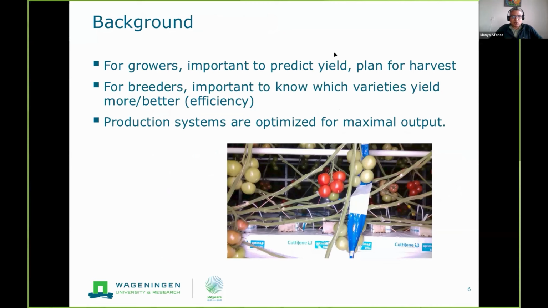Why would we want to do this? For a grower, it's important to predict the yield that they would have, and also for planning for the harvest. Whereas for the people who develop the varieties, it's also important to know which varieties make more sense economically.